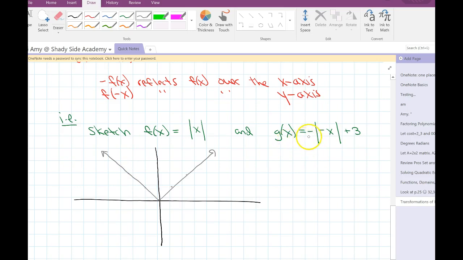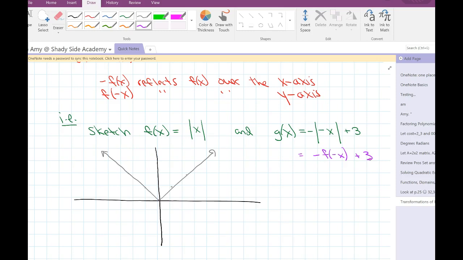This g of x is negative the absolute value of negative x plus 3. And again, I'm going to use function notation here. G of x is the same thing as negative f of negative x, plus 3. Okay, and when you have multiple transformations going on here, you do want to obey the order of operations.